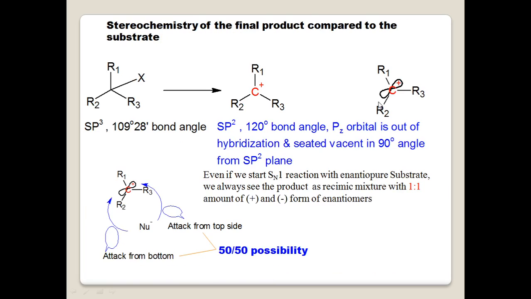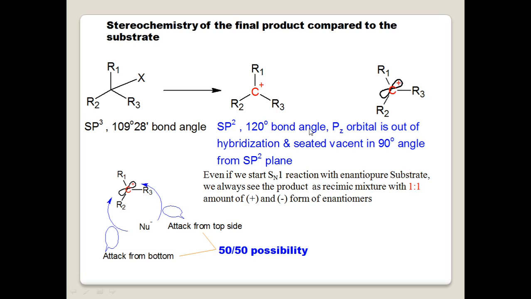Now we will go into what will be the stereochemistry of the final product once the carbocation forms and the nucleophile attacks the carbocation. Listen, the carbocation is sp2 hybridized, already I said. That means the pz orbital is out of the hybridization.